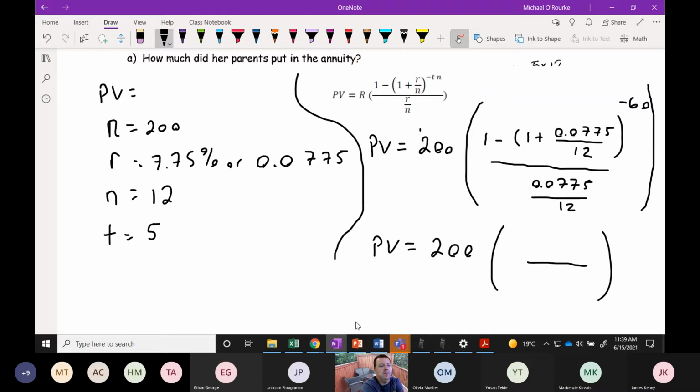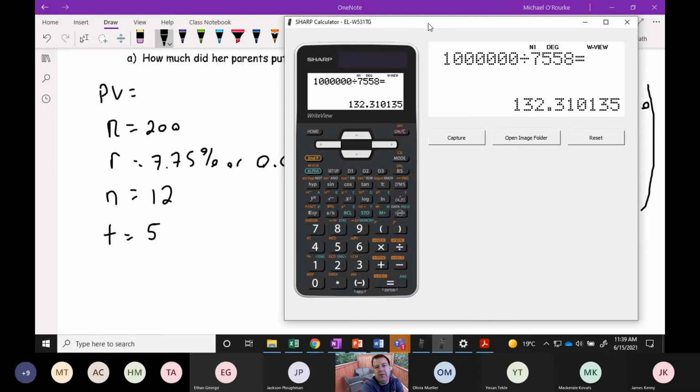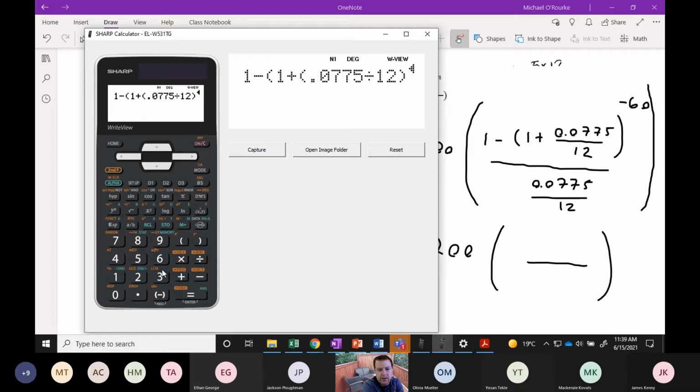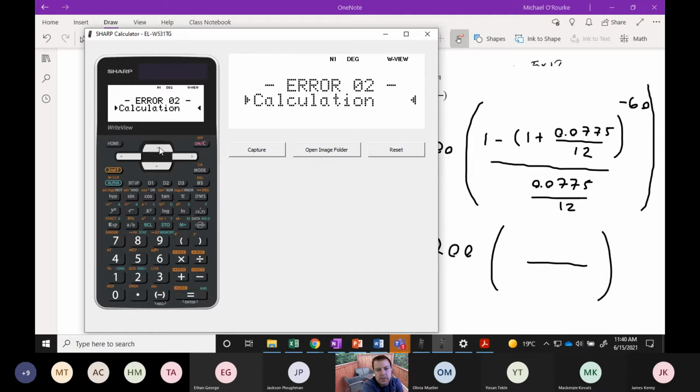So I'll start working through with my calculator. Now, if you have one of these bad boys, it'd be really nice because you could just go bracket, oops. And if you use Desmos too, that's really good as well. Power of -60. Oh, I messed up somewhere.